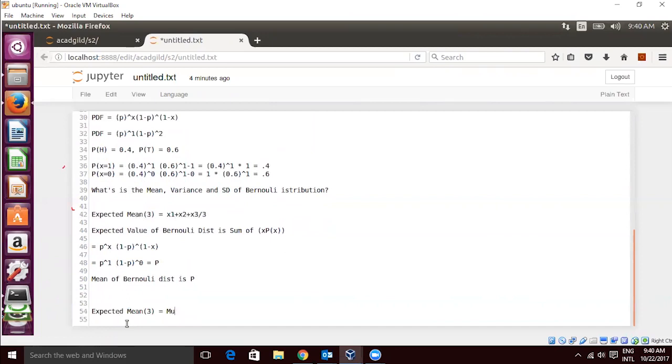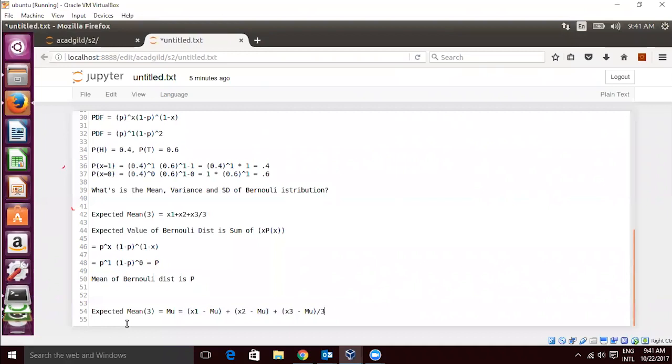Now the variance is the actual first sample minus mu, plus the second value minus mu, plus the third value minus mu, divided by 3. So this could be the variance formula. Otherwise, how can I convert this into a different formula?